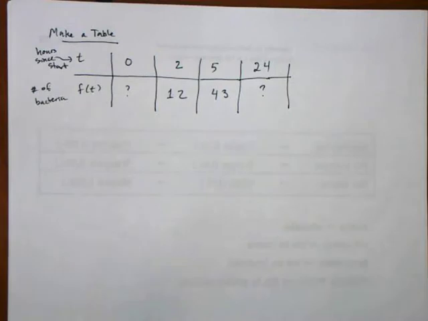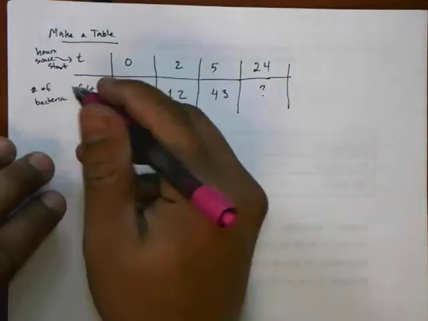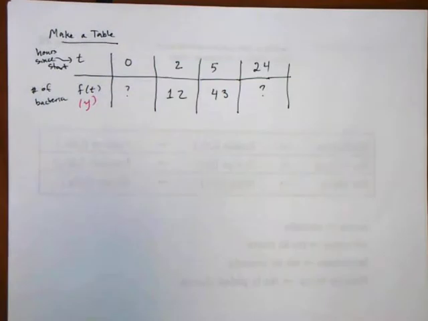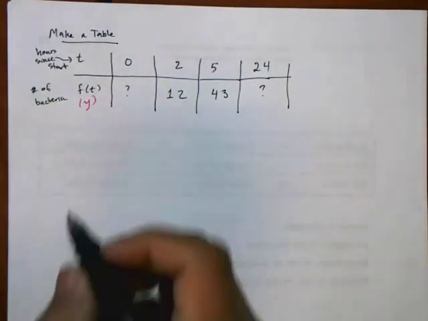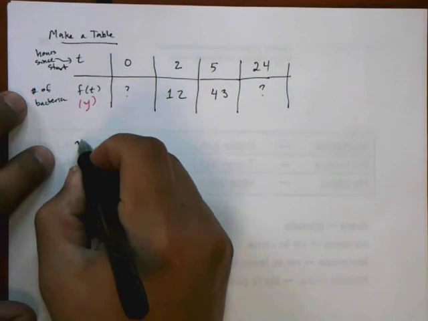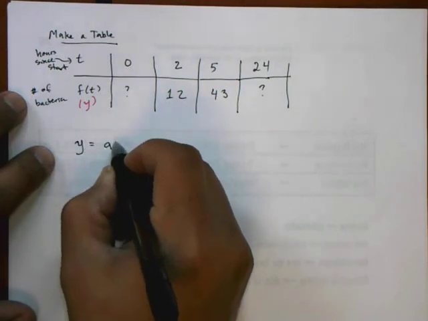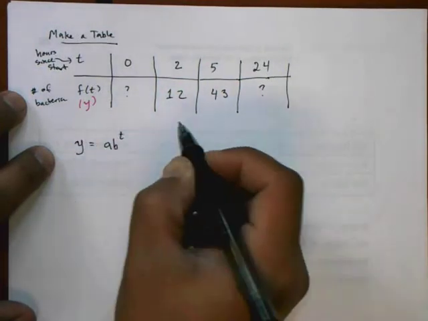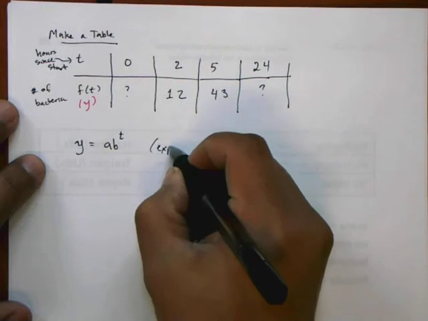And we know that it's exponential. So that we have a variable to work with, I'm going to call this y. So f of t is also equal to y. We start, we know that it's got to be y equals a b to the t, because it's exponential.